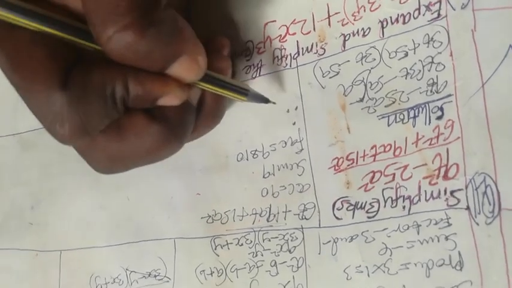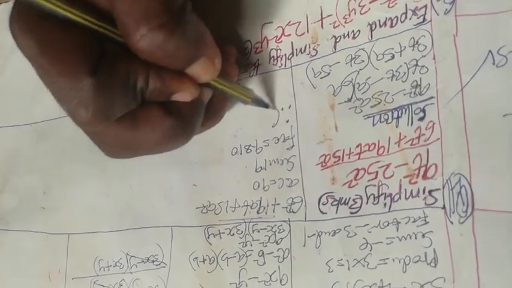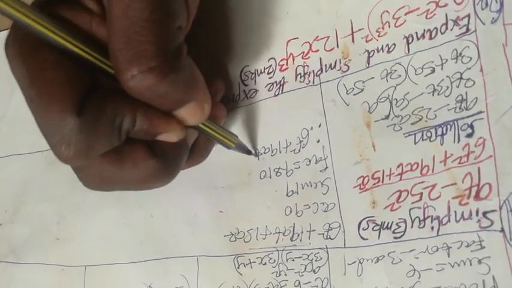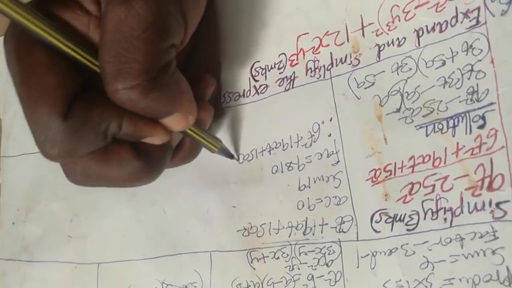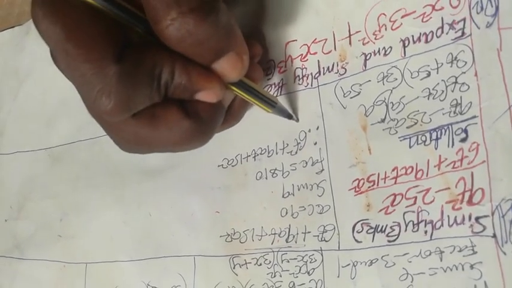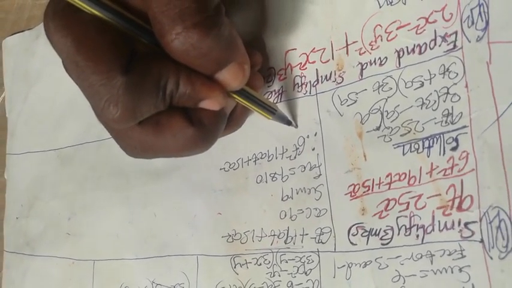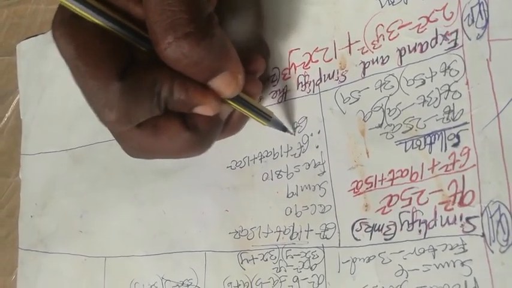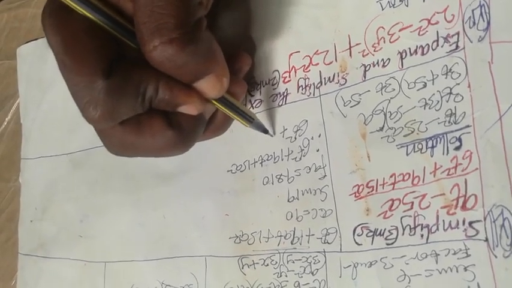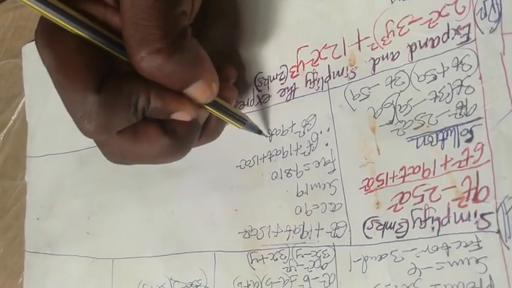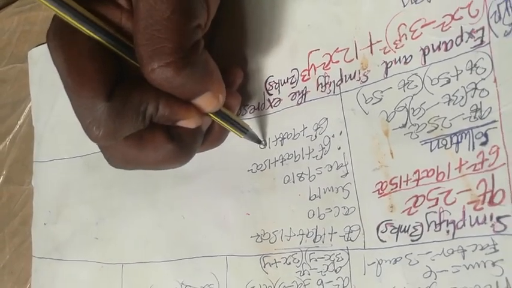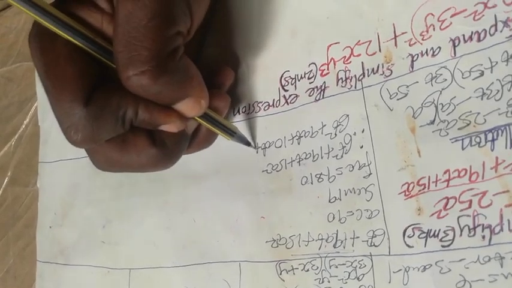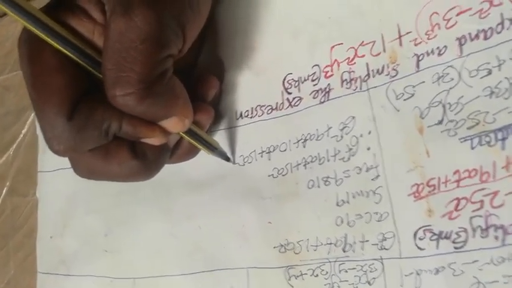Therefore 6t squared plus 19at plus 15a squared will be 6t squared plus 9at plus 10at plus 15a squared.